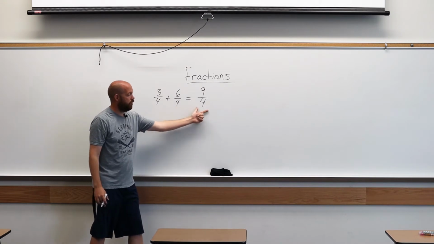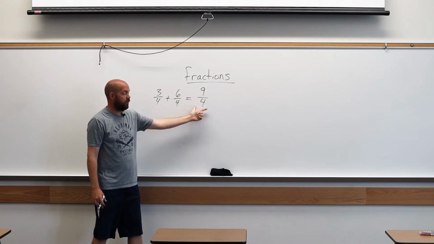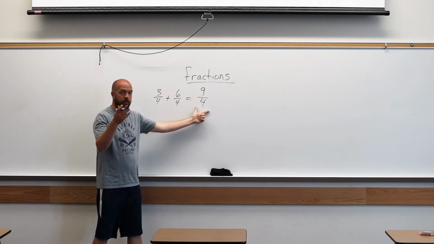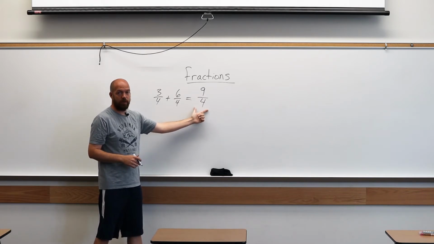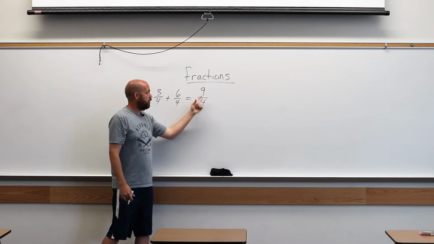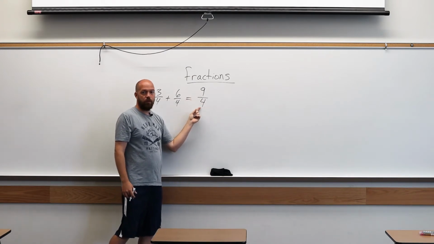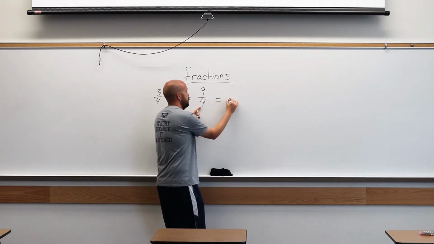If I wanted to convert this to a mixed number, so right now it's an improper fraction, meaning the numerator is bigger than the denominator. If I wanted to convert this to a mixed number and find out how many wholes and fractions, I would divide it. So 9 divided by 4 is 2 with some decimals left over. So there's 2 wholes, 2 whole numbers.